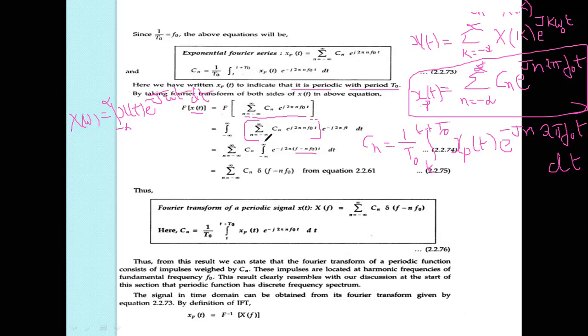Whenever the limits are minus infinity to infinity, my dear students, consider the integral of e power j 2 pi (f minus n f naught) t dt.